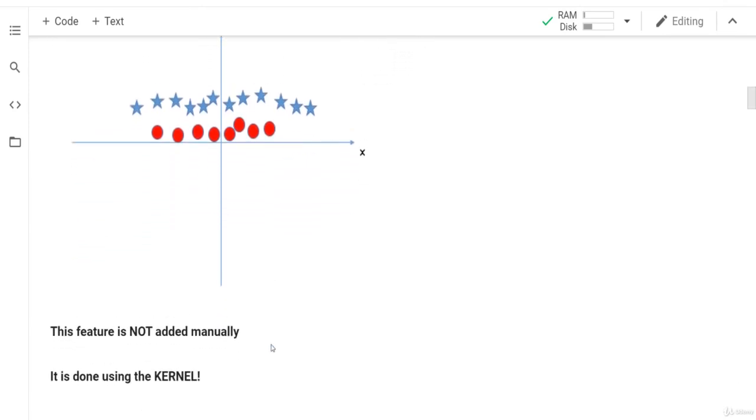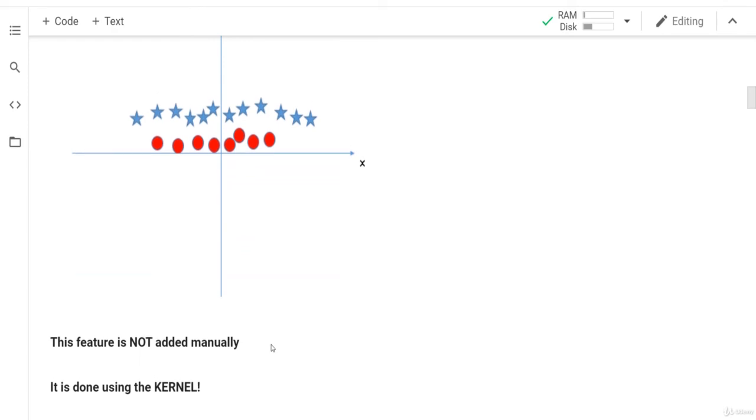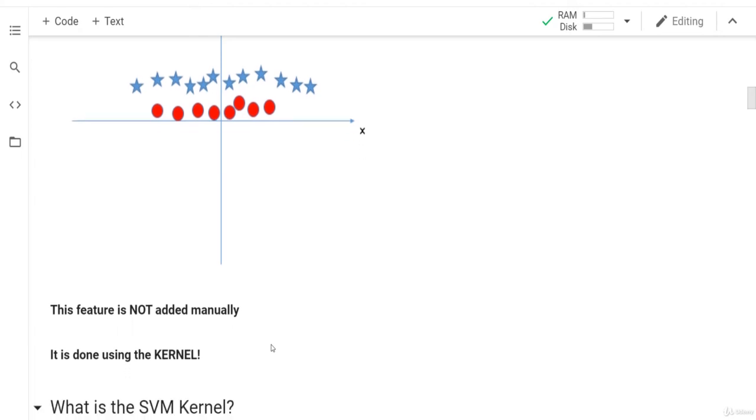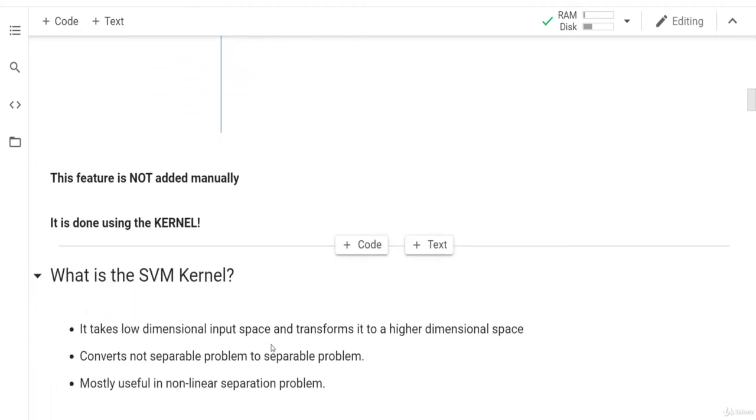This feature is not added manually. It's done using something called the kernel, and the kernel is basically a function. So what is the SVM kernel, or what is the kernel in general? The kernel is something that is really very intuitive. It's just a function that takes low dimensional input data and transforms this low dimensional input space into a higher dimensional space.